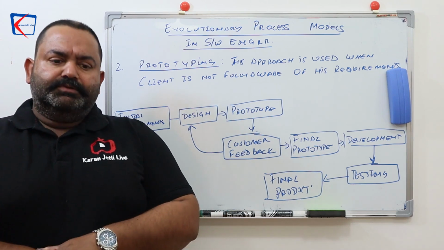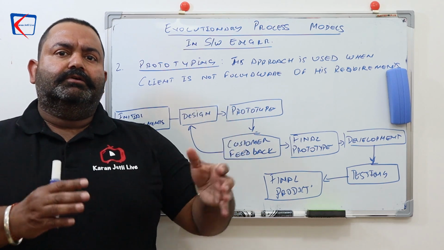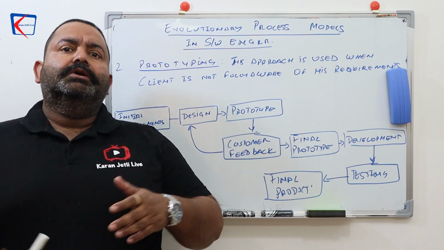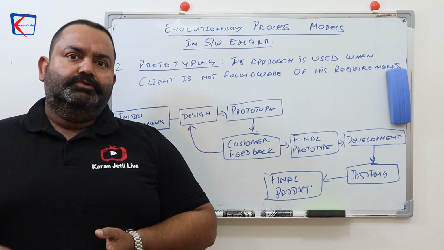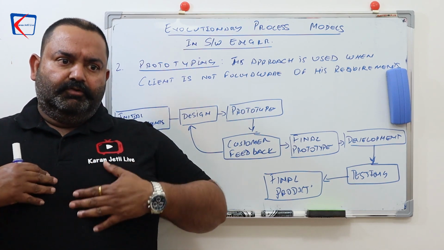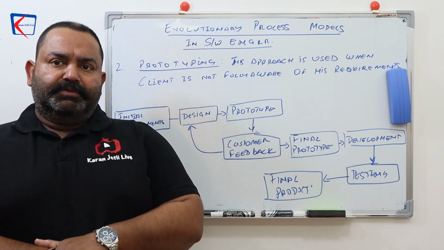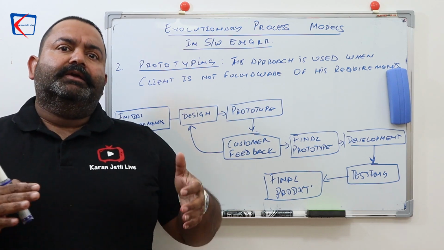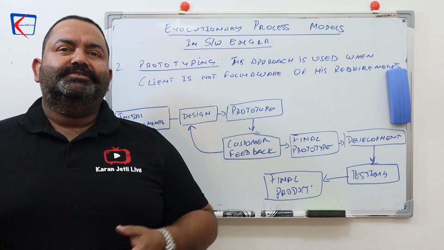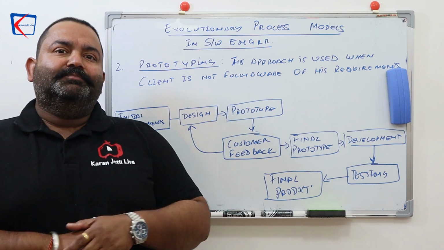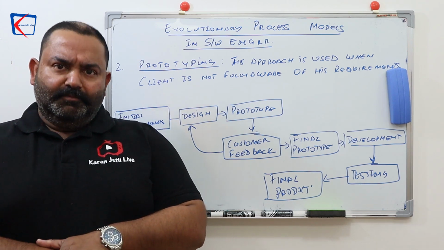Normally, you as a software engineer or system analyst are a professional. You know what type of system you want. But normally the client is not a software engineer, or a technical person, for whom you are building the product.